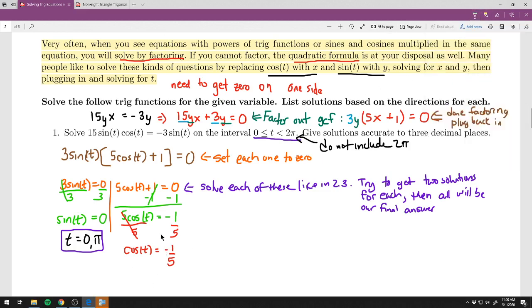And then we ask ourselves the question, can we figure this out on the unit circle? The answer to that is no. We have no idea what angle makes cosine -1/5. So what we got to do is use our calculator, do the inverse of each side.